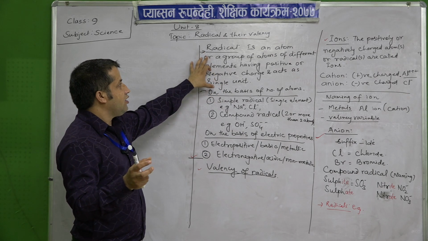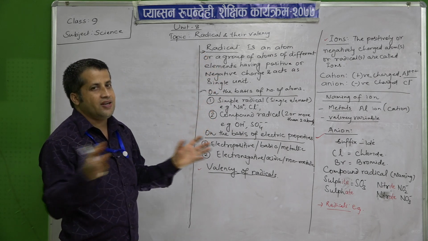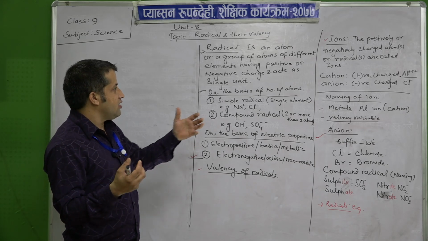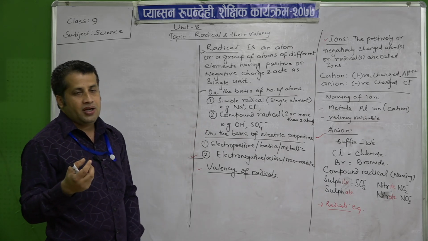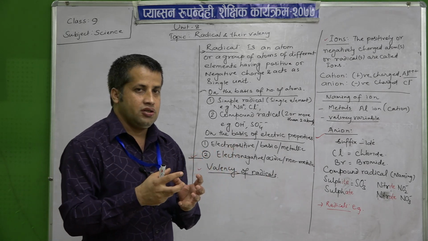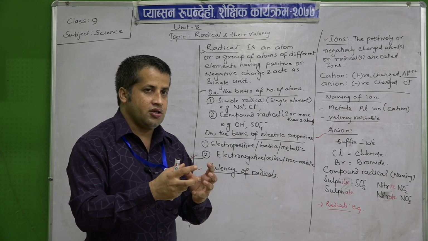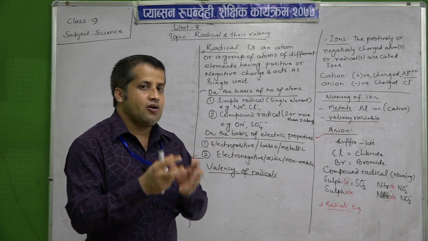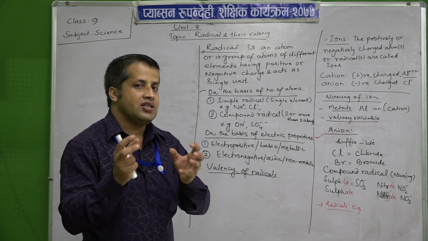This radical term is similar to a compound, but it is different in the sense that in a compound, different elements combine with each other, but that compound does not have any charge.